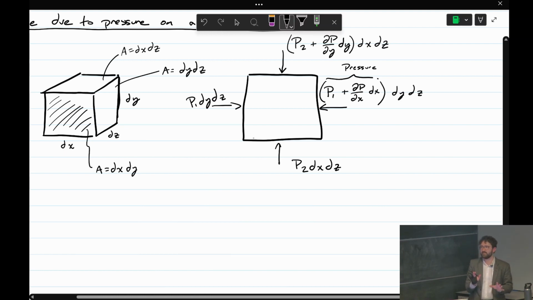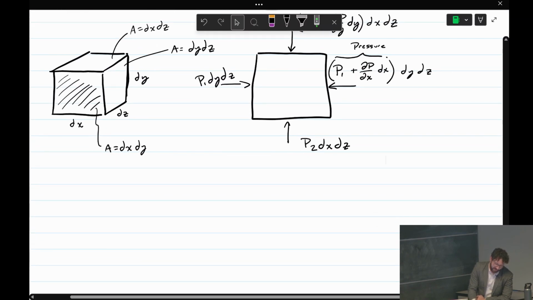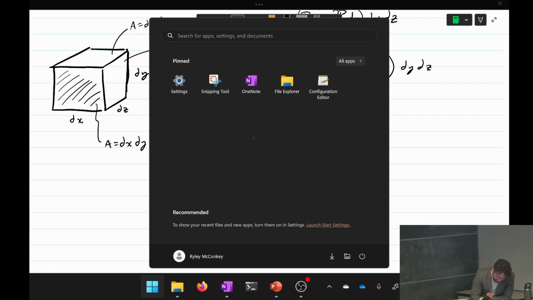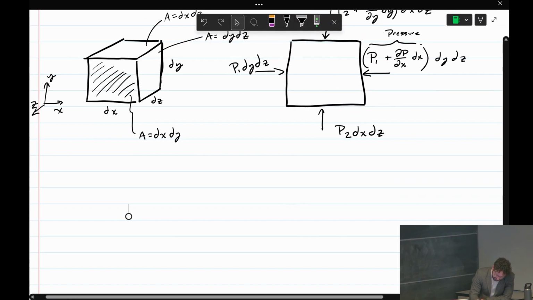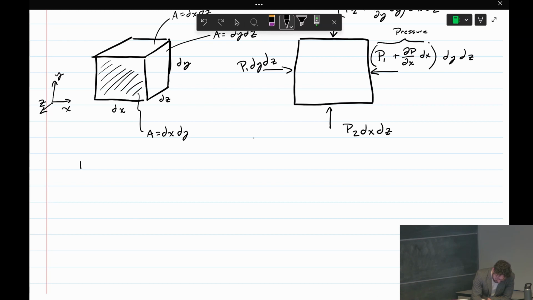So that's one face of our cube, and this allows us to do the balance in the x direction. Remember our force is a vector. So let's define a differential force vector. This df is the differential force created on this differential element by pressure.